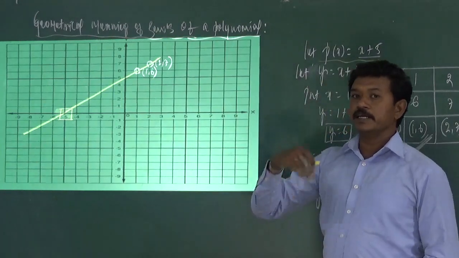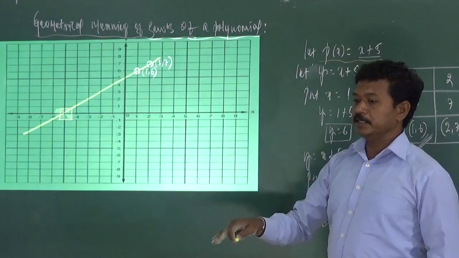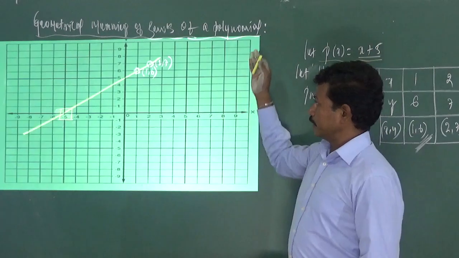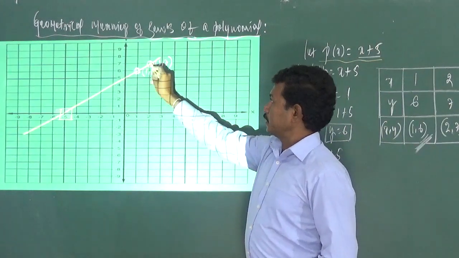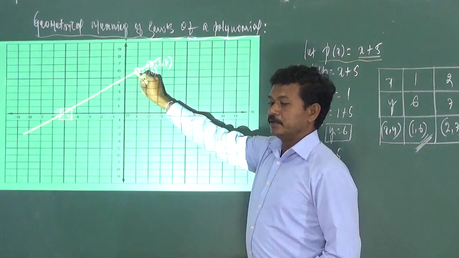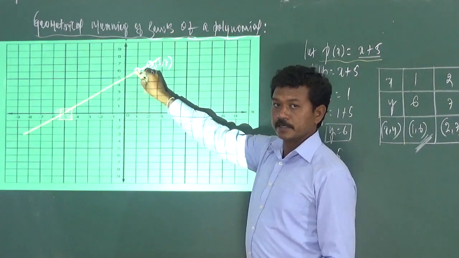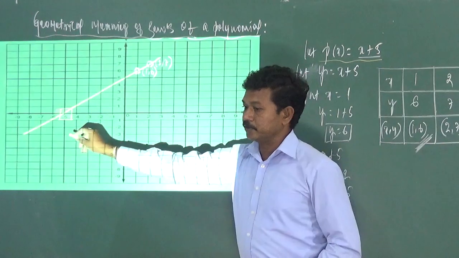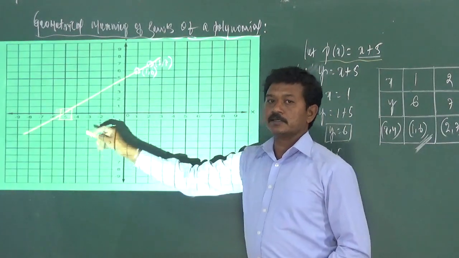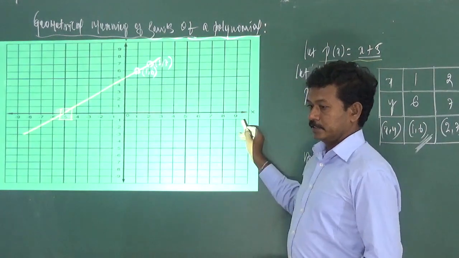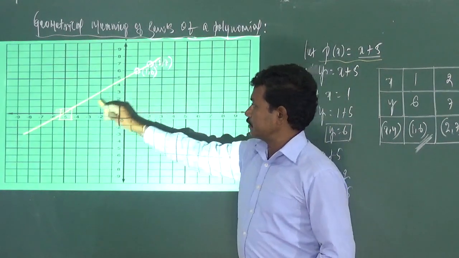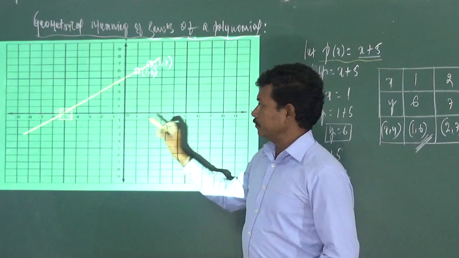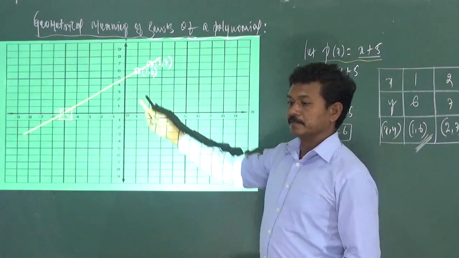And to identify the 0 of that linear polynomial, you have to extend the line. This is the initial point, this is the terminal point, I join this, but in order to obtain the 0 of the particular polynomial, I have to extend the line until it crosses or touches the x-axis. The point at which the straight line touches the x-axis will be the 0 of that polynomial.